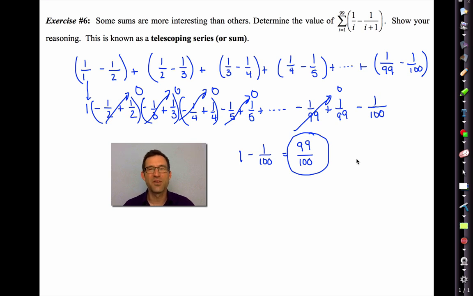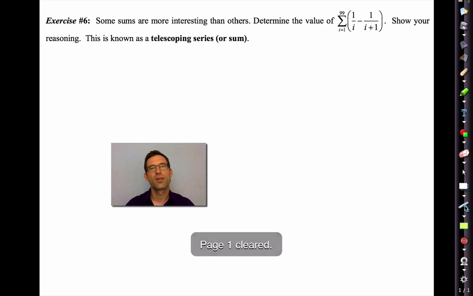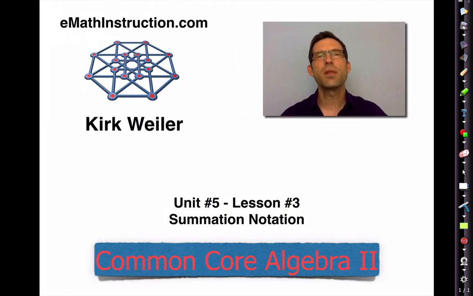All right, well, pause the video if you have to. Write down anything you need to, and then we'll wrap up this lesson. All right, let's do it. So there's going to be a lot of times in math, both in this course and in future courses, where you're going to want to represent a large sum with many terms, maybe hundreds, thousands of terms, but you're not going to want to write them all out.